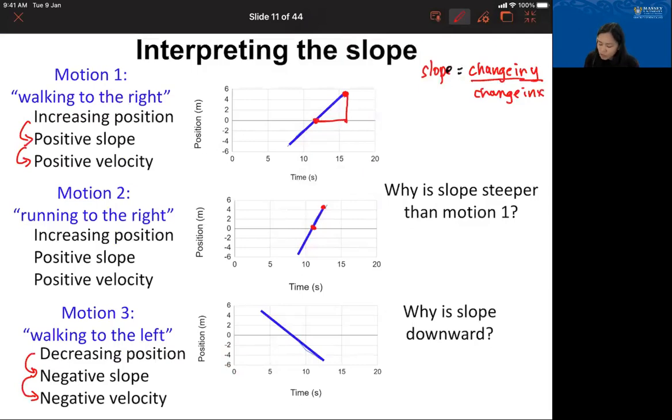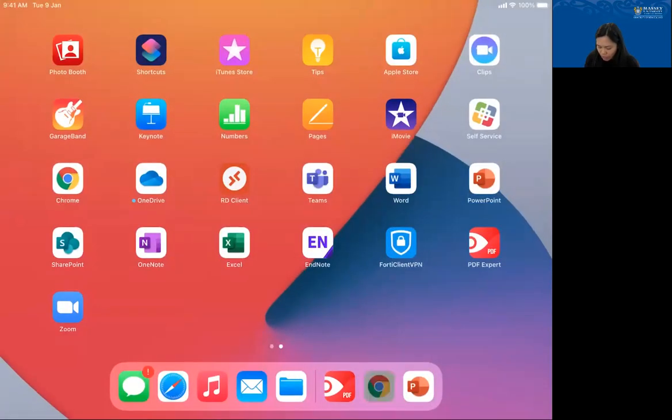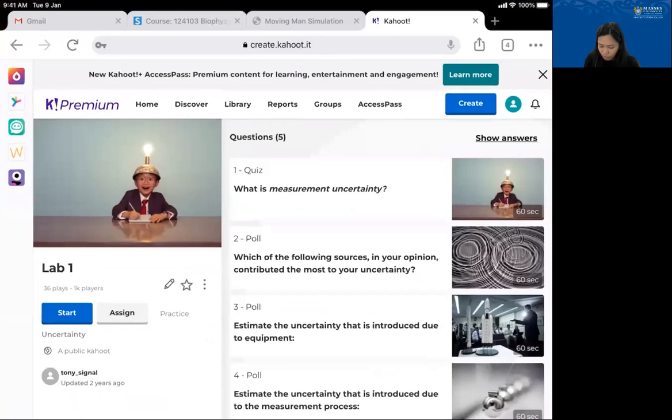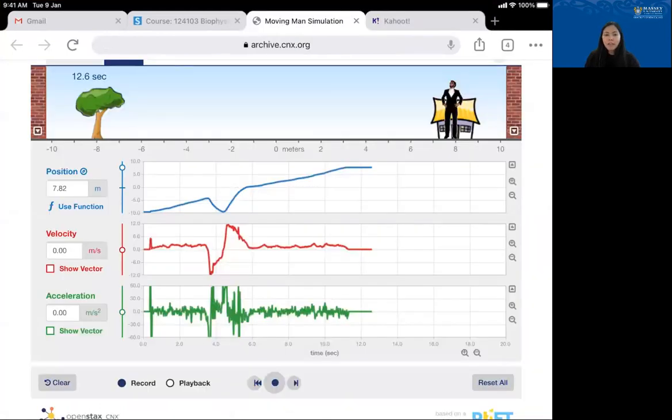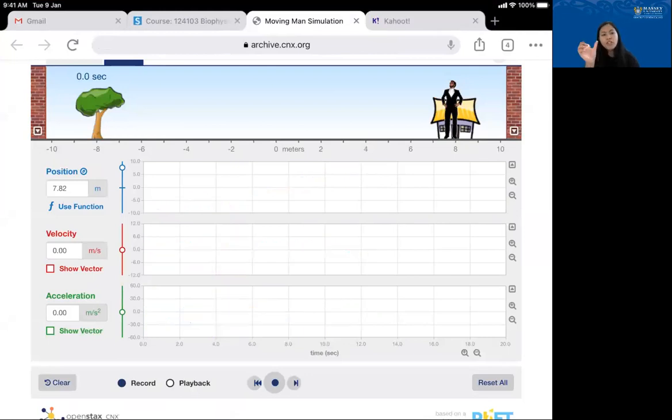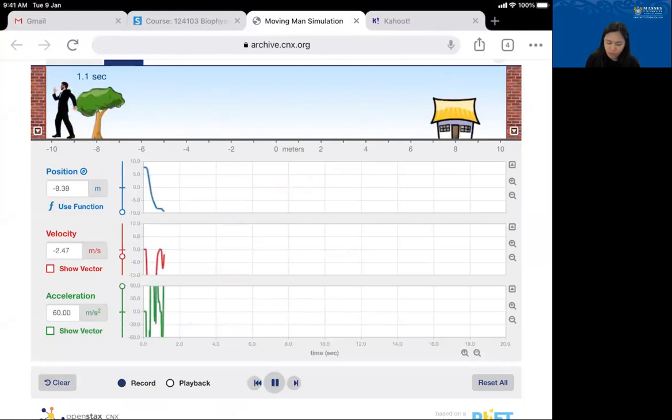Right, if you've looked at the workshop worksheets for workshop 2, there's a PhET simulation that you can use to visualize the motion of an object, which we will use in the workshop as well, but we can also look at that here now and see how the steepness of the slope changes.